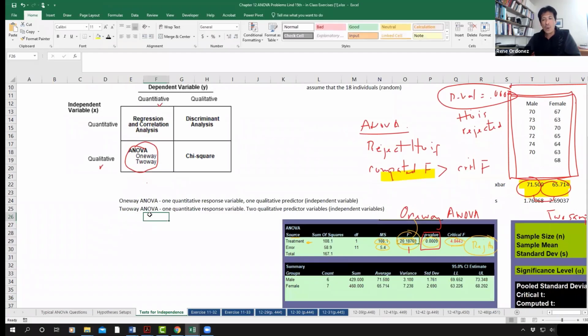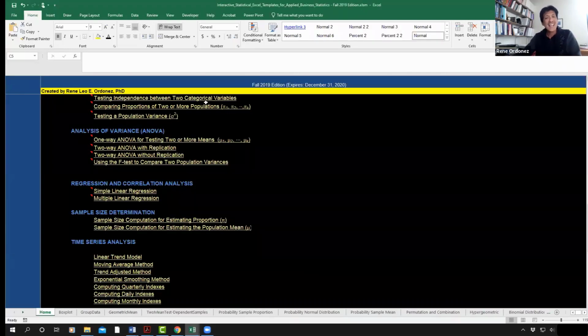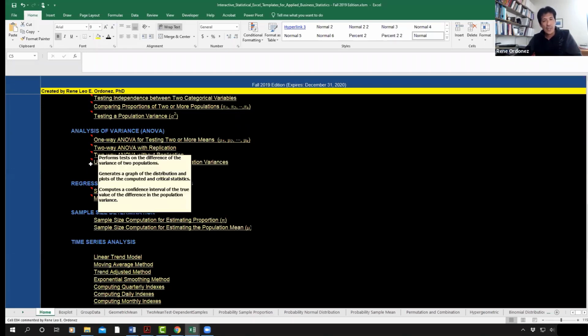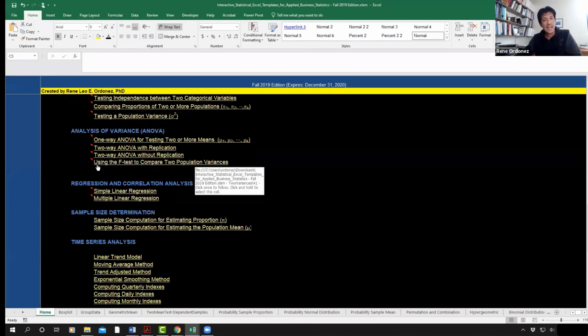If you look at the template for this procedure, we dealt with the one-way ANOVA, a number of problems last session, and then we used this last item, the 4th template, in comparing the variances or standard deviations of 2 groups.